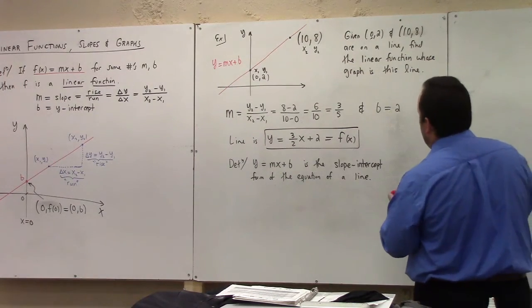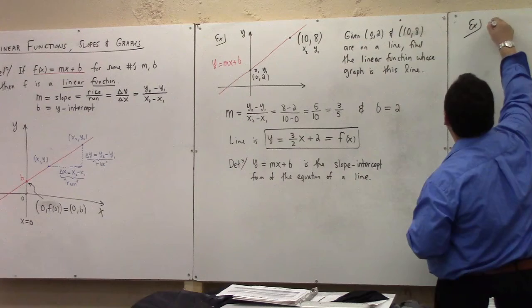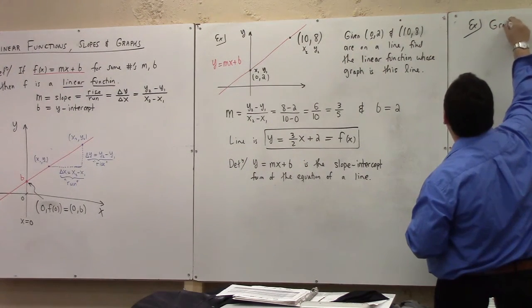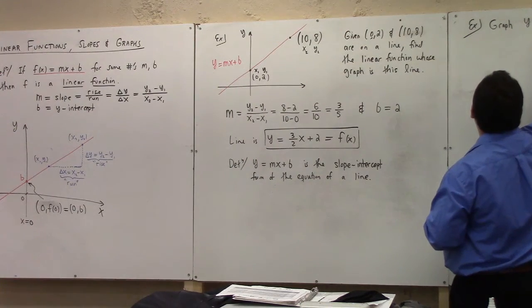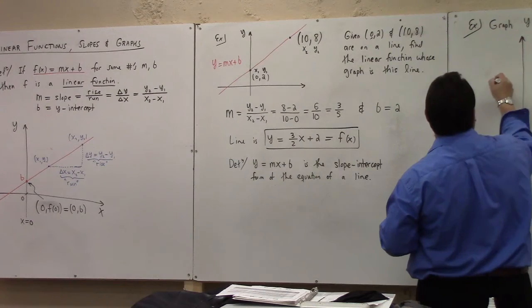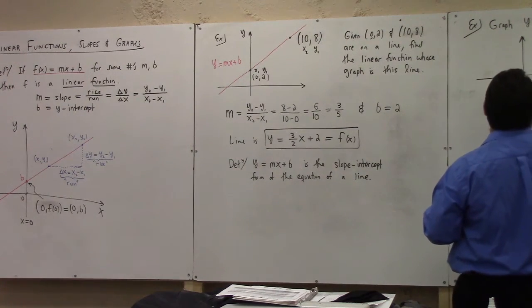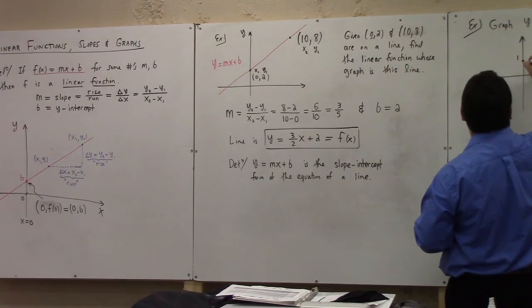Of course, you could use those to quickly graph a line, right? Graph y equals 1 plus 2x. How do we do that? I would start with the y-intercept is 1, right?